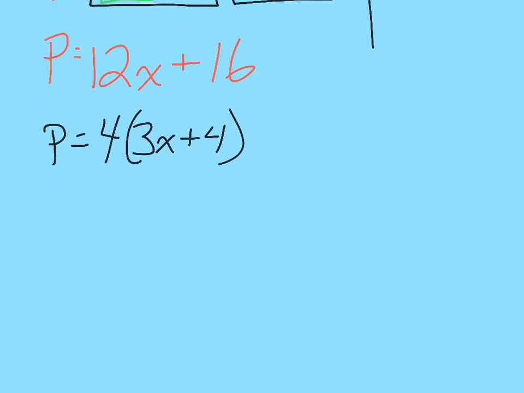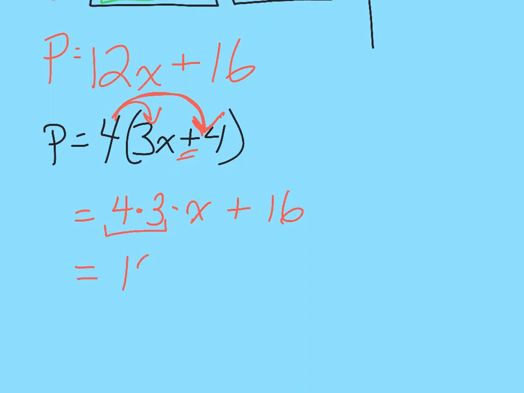So when I multiply, I'm going to distribute this through. And I get 4 times 3x, which is like 4 times 3 times x. And then I'm going to add on, because of this, 4 times 4. 4 times 4 is 16. So let's just look at this first part. I'm going to multiply the numbers.